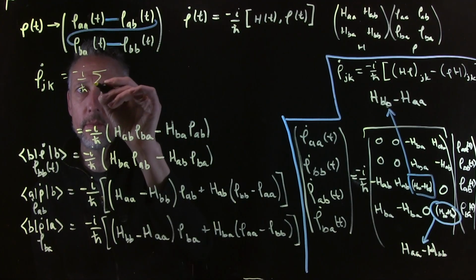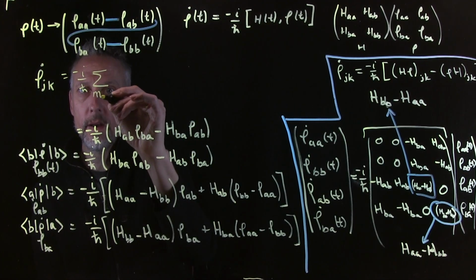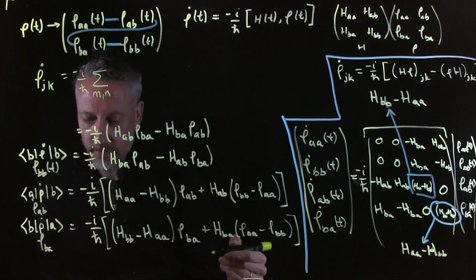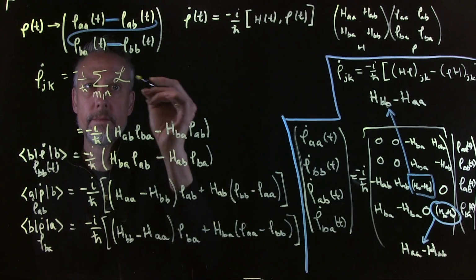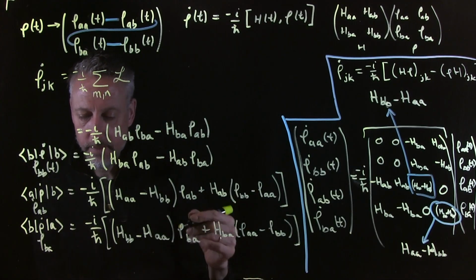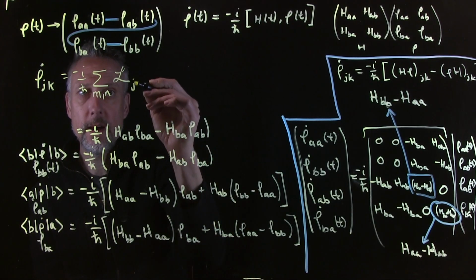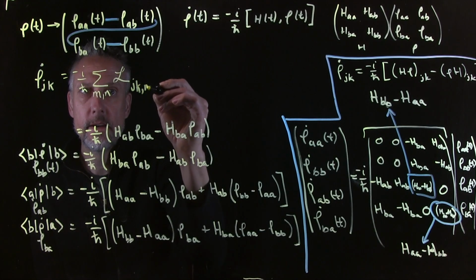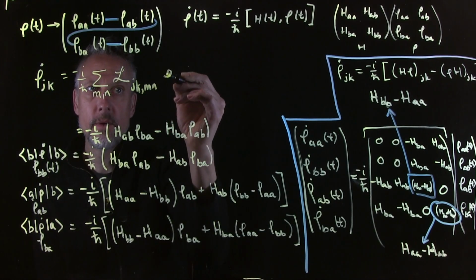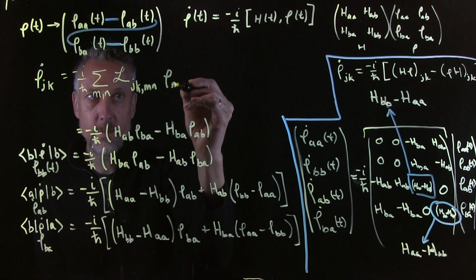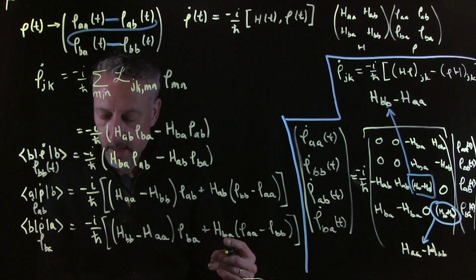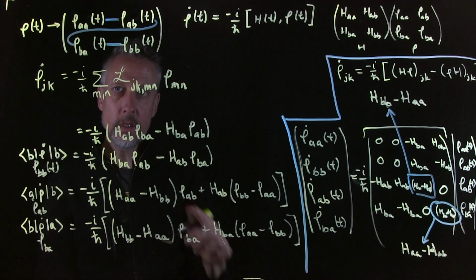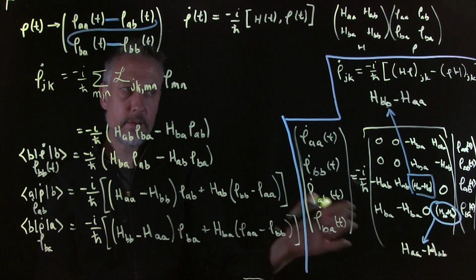We're going to write this as minus i over h bar as usual, and then we simply sum over m and n, the internal labels, a new operator, which I'm going to use the script L for. This has elements j, k, m, n, and we multiply that by rho m, n, summing over m and n. When you do this, you can convince yourself that this gives you the same thing as this.